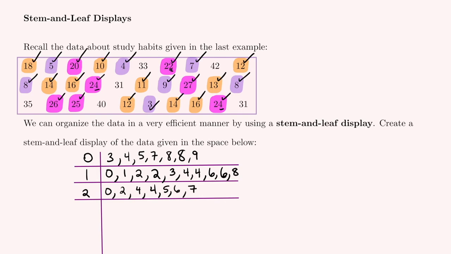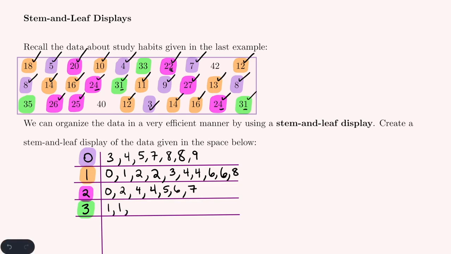Next, let's include those 2-digit numbers that start with a 3. We have 2 31s, so we record the 1 in the 3 row twice. Then we have a 33, and then we have a 35.